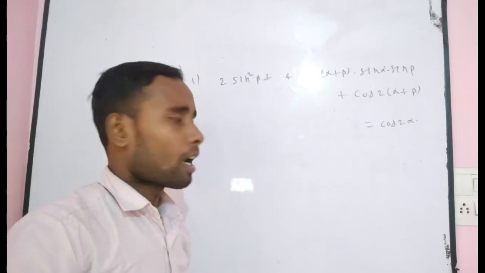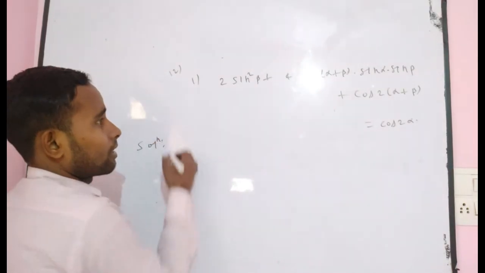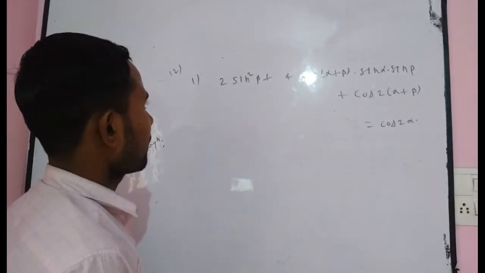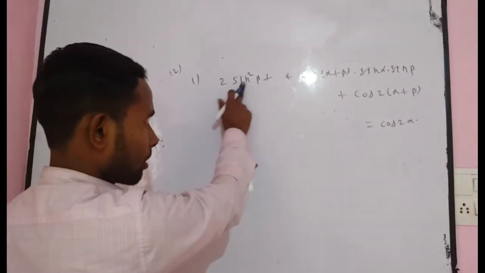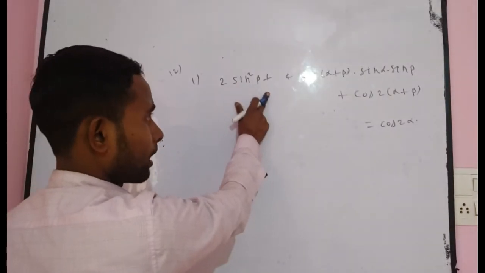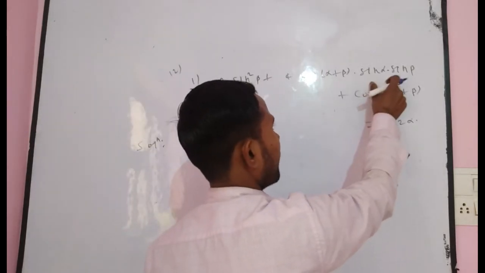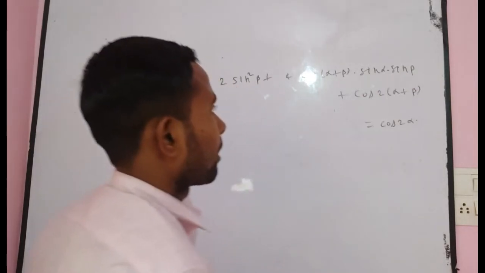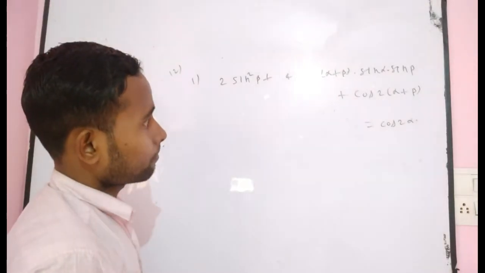Firstly, I want to give some hint about it. Firstly, it is equal to 2 sin square beta. Here, it is equal to 4 cos alpha plus beta into sin alpha into sin beta.